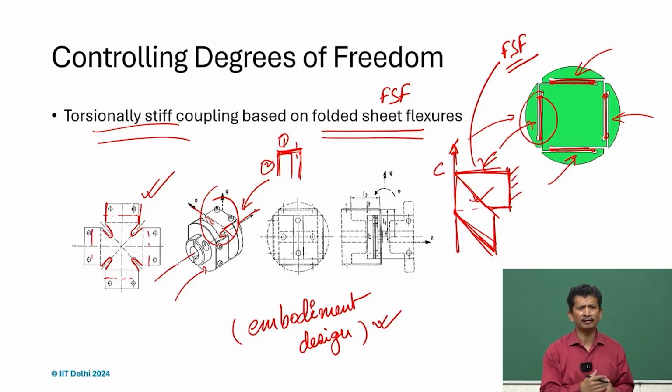So if you are not aware of these things, you may be going for those kinds of solutions. But if you are aware, you know that a simple sheet flexure can work, and you can make it out of sheet metal and just bend it in this way and attach it, and you can get a very good solution.